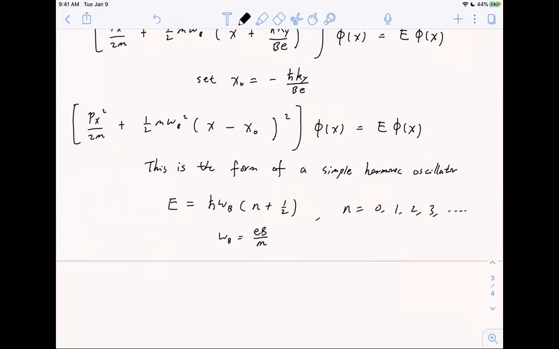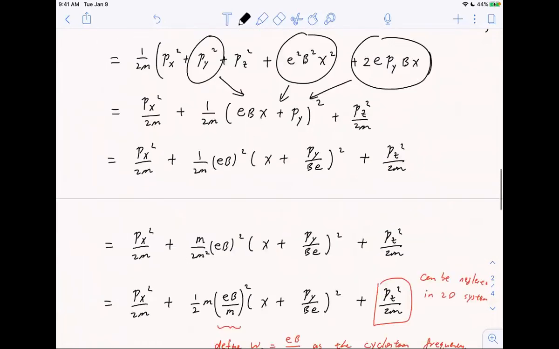Any questions? Okay, now let's go solve the Hamiltonian of a massive Dirac fermion under magnetic field.